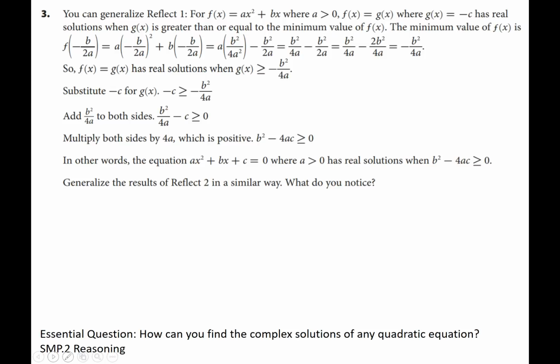So now it says you can generalize. Reflect 1 for f of x equals ax squared plus bx, where a is greater than 0. F of x equals g of x, where g of x equals -c, has real solutions when g of x is greater than or equal to the minimum value of f of x. The minimum value of f of x is, okay, so they've got this whole huge mumbo jumbo here.